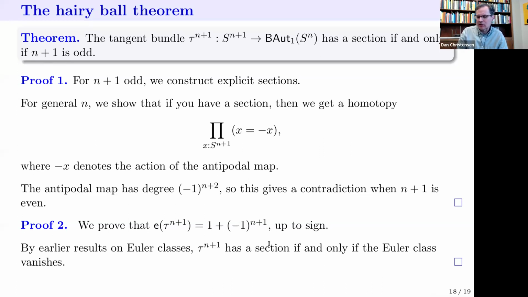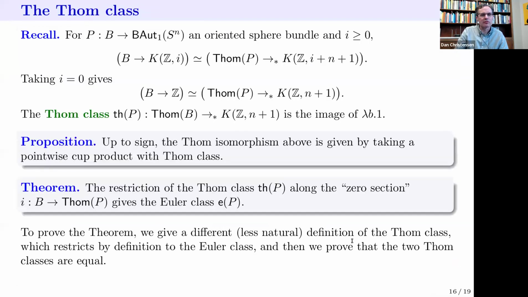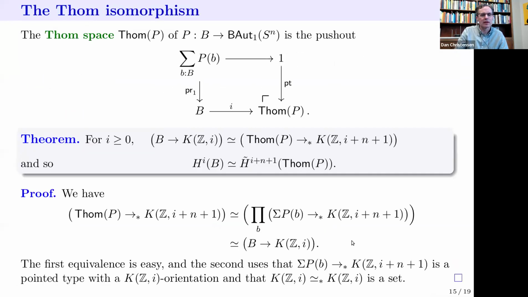Right, and then Martine is asking about the one-point compactification. So the Thom space construction here is really like a global one-point compactification, where I'm adding a single point at infinity to all of these spherical fibers.